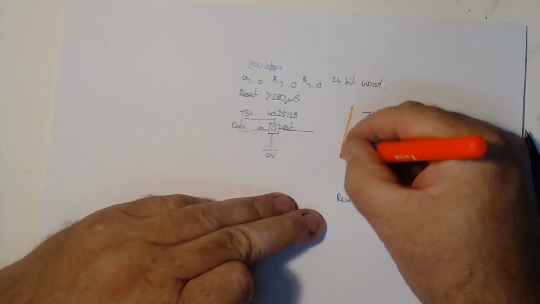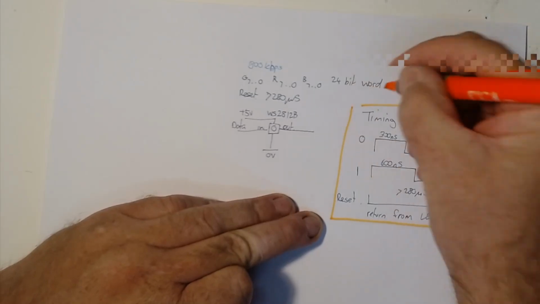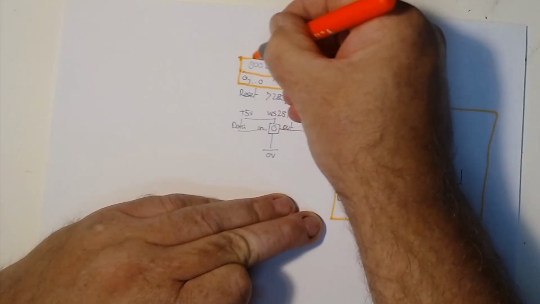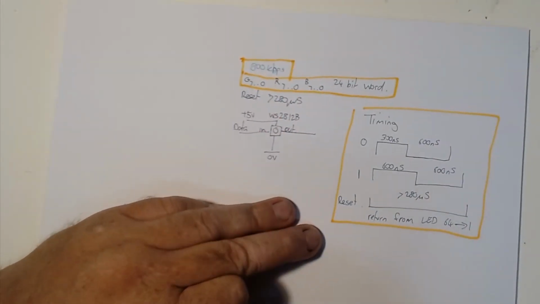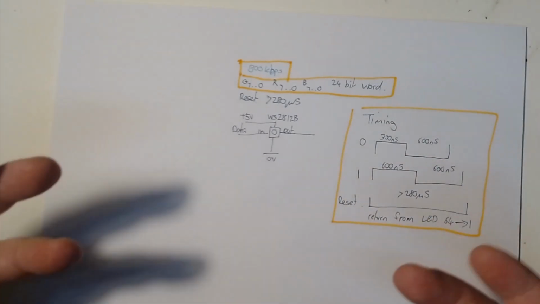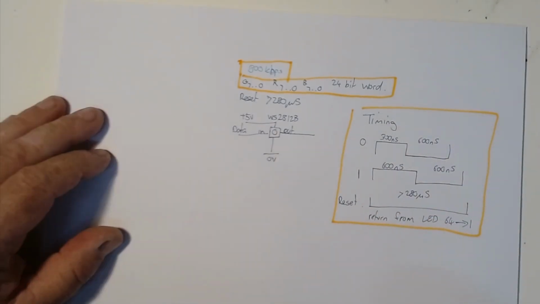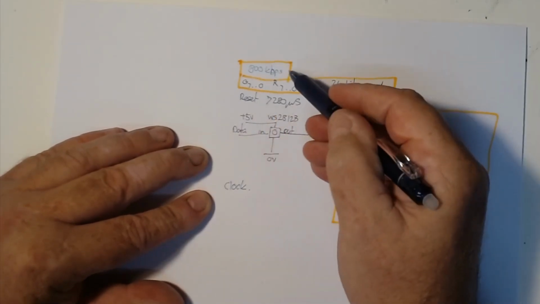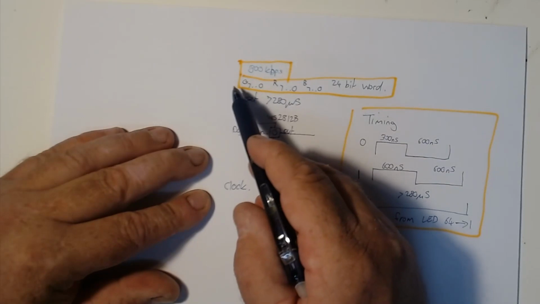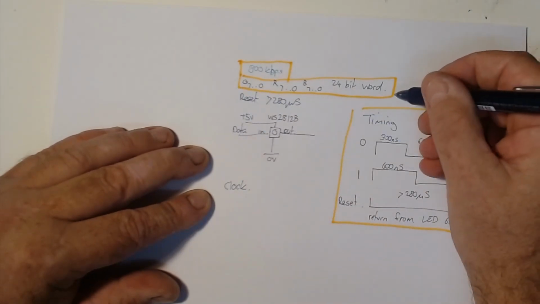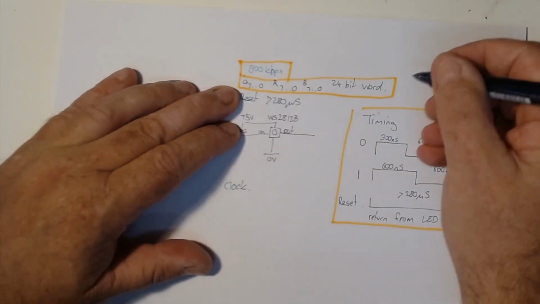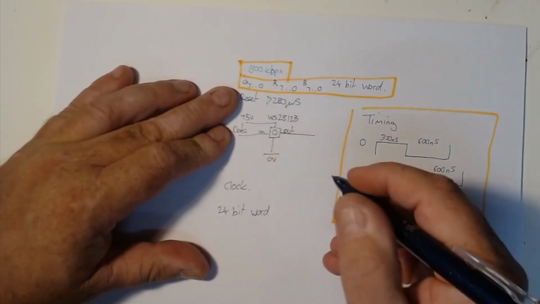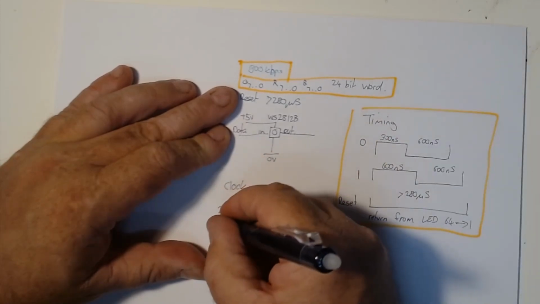So we have our timing, we know our data structure, and our data rate. Other things we're going to need, because in an FPGA typically everything is synchronized with a common clock, so we're going to need a clock, and that clock will be used to drive that 800 kilobits. We'll need a method to process each of these bits, so we're going to have a 24-bit word, but we need to send that to the LEDs 1 bit at a time.